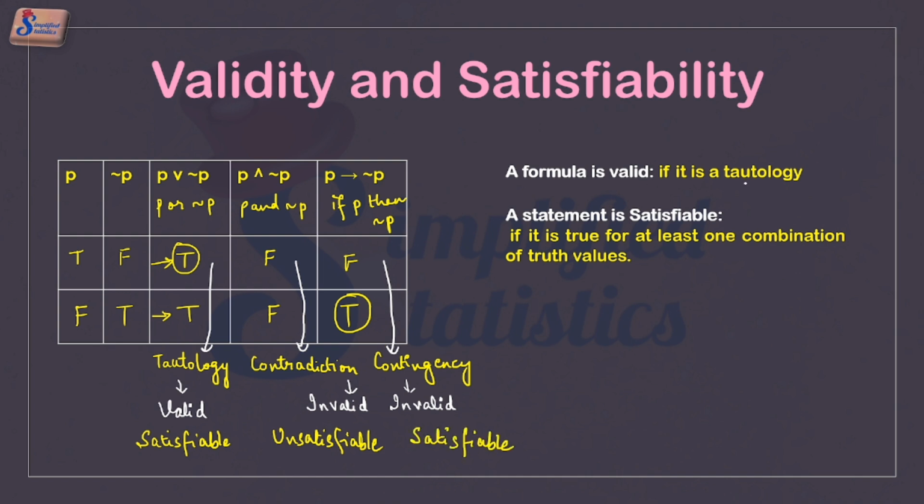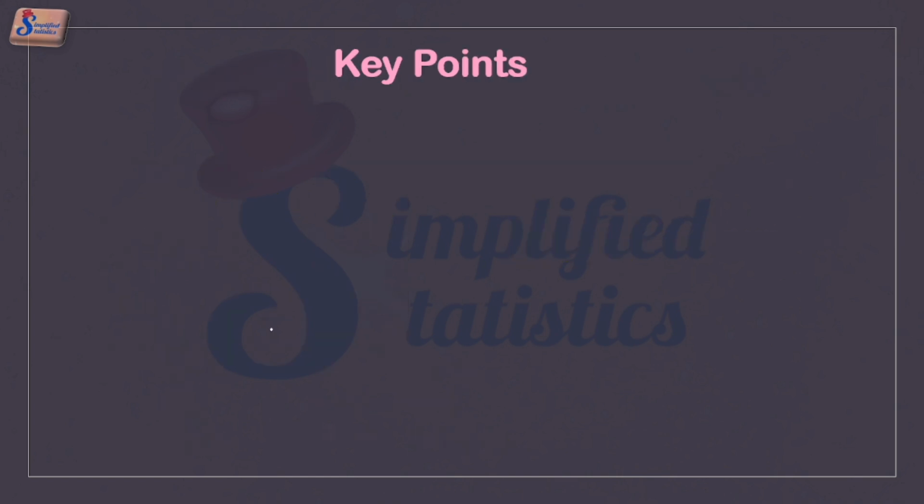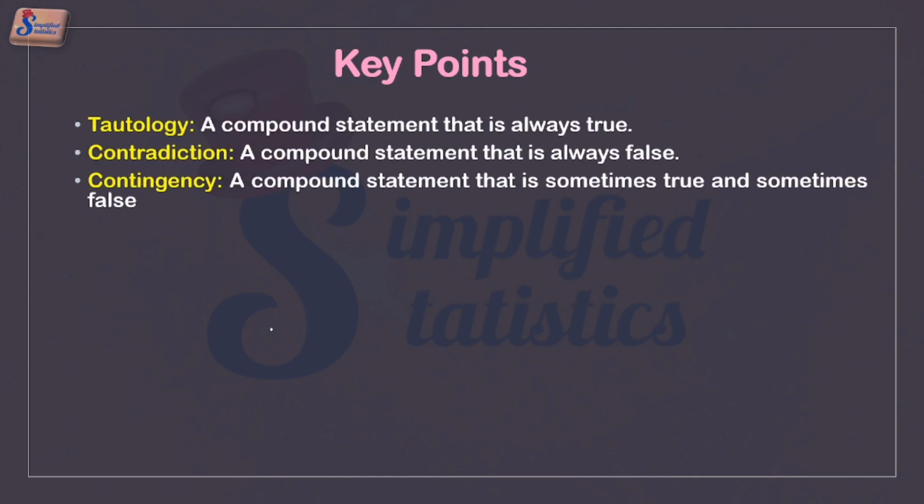In case of validity, we need to check whether the statement is a tautology or not. And for satisfiability, we need to check whether at least one combination of truth values results in true or not. So here are some key points related to the concept of validity and satisfiability. Tautology always results in true. Contradiction always results in false. Contingency is sometimes true and sometimes false.